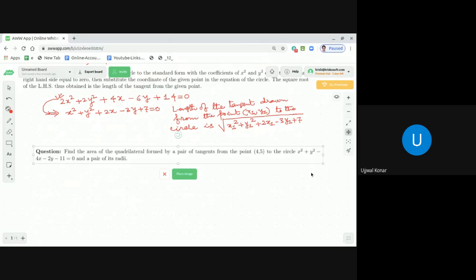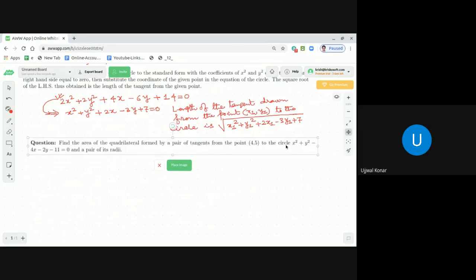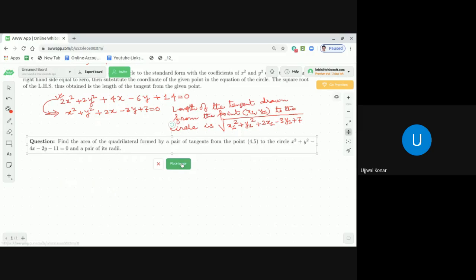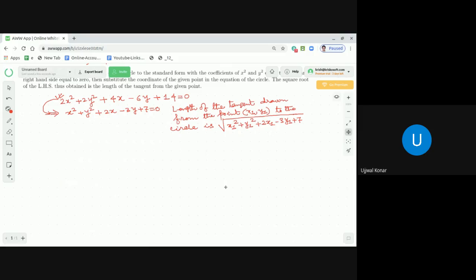The question is: find the area of the quadrilateral formed by a pair of tangents from the point 4, 5 to the circle x square plus y square minus 4x minus 2y minus 11 equal to 0 and a pair of radii.